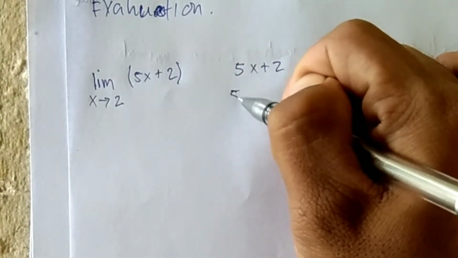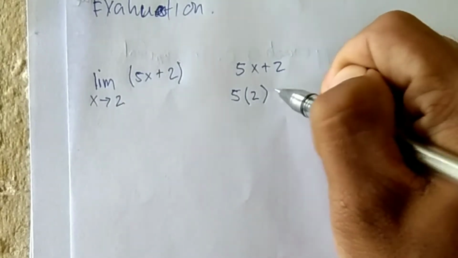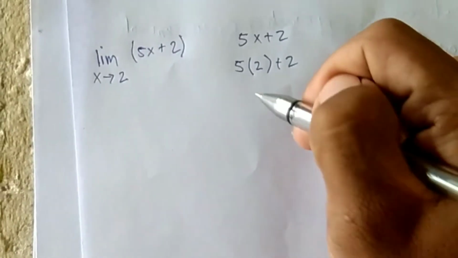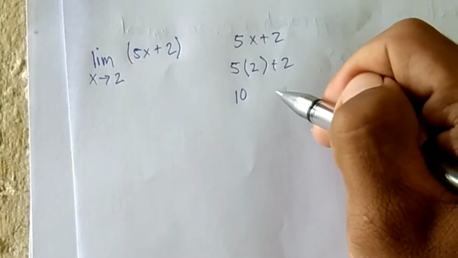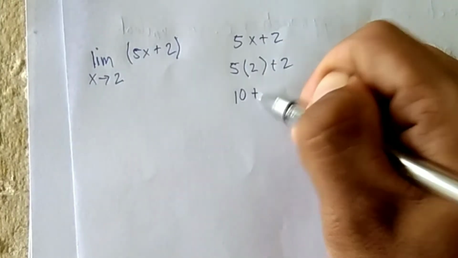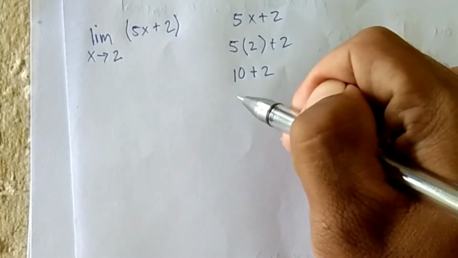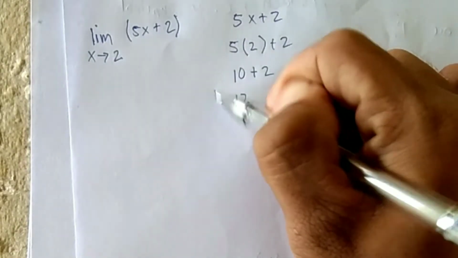So, ganito ang gagawin natin. 5 times 2 plus 2. Then, 5 times 2 is equal to 10 plus 2. So, 10 plus 2 is equal to 12. Yan yung ating sagot.